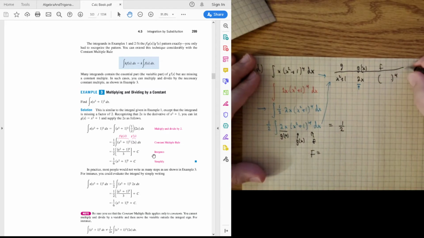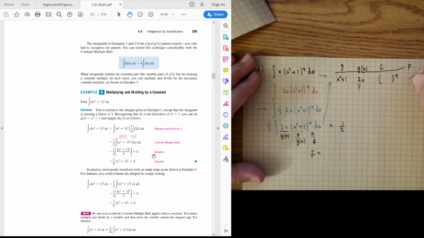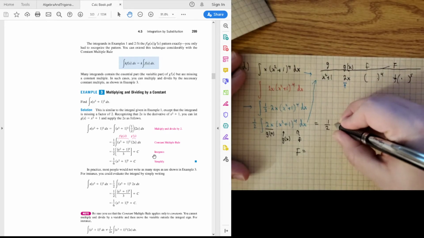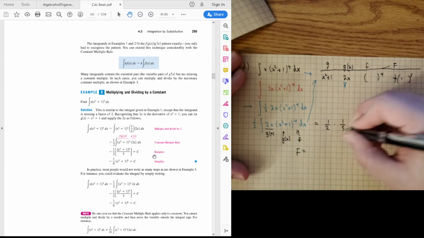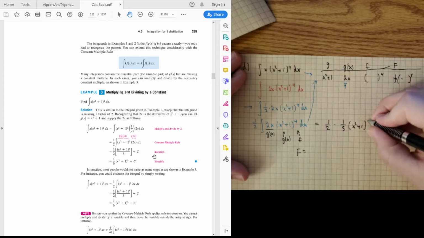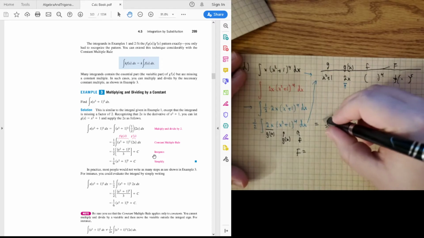So capital F would be 1/5 something to the 5th power. Right? Using the opposite of that chain rule. In this case, if I take the derivative of capital F, I get back to little f. And so I know this is the right piece. So this is 1/2 times 1/5 (x squared plus 1) to the 5th power plus c.